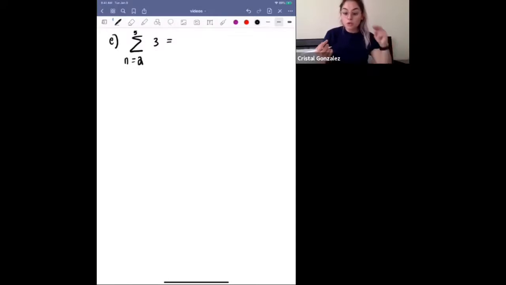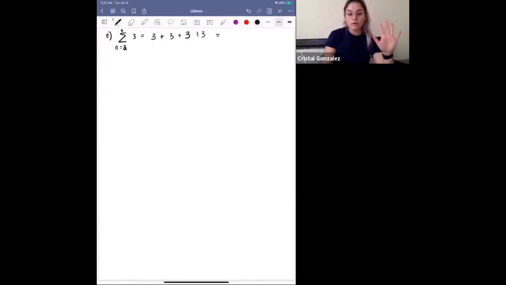When we start at n equals 2 and we need to go to n equals 5, when we plug in 2, nothing changes. We're still going to get 3. Now we plug in n equals 3, but there's nowhere to plug it in, so we just get another 3. Now n equals 4, nothing to plug it into, and now n equals 5.